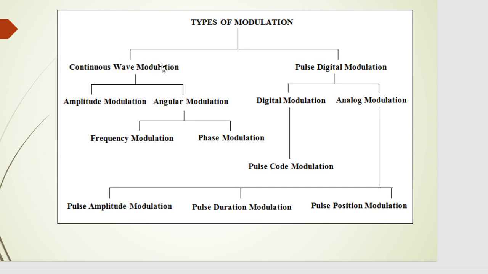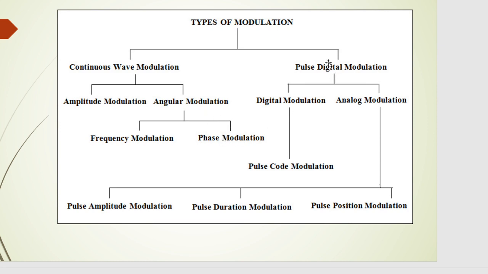Continuous wave modulation is also called analog modulation, and we can see from this diagram the continuous wave modulation is again divided into amplitude modulation and angular modulation. This amplitude modulation is our familiar AM, and under angular modulation or angle modulation we have frequency modulation or FM and phase modulation or PM.